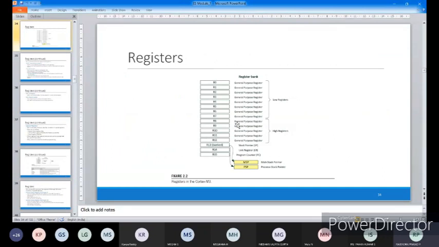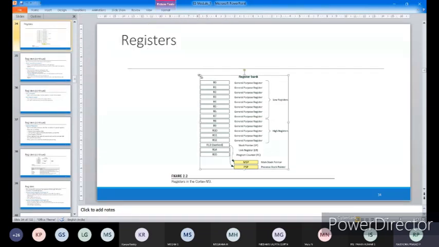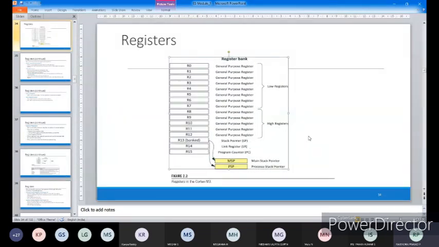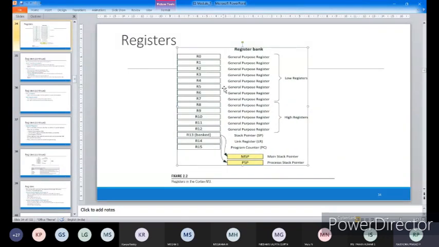Now it comes to the register part. We have said it is a 32-bit register. This is the register structure, right? You can observe that it is all of 32-bit length. You can see R0 to R15, so totally there are 15 registers.